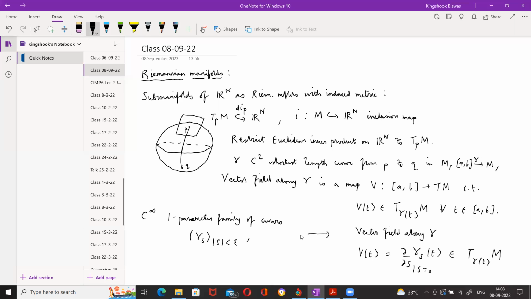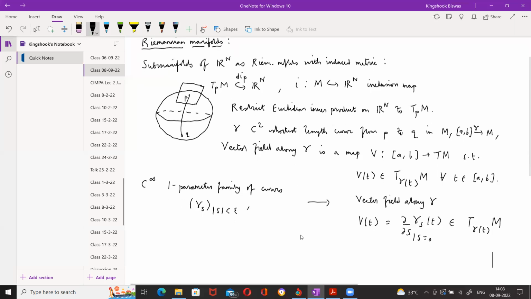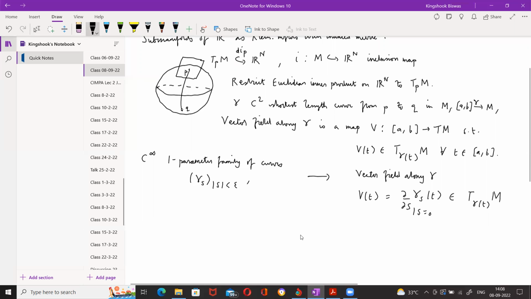And if we assume that the gamma s's have the same endpoints, okay, so with fixed endpoints P and Q, then when you differentiate at t equal to A and at t equal to B, this is constant as a function of s, so the derivative is 0.